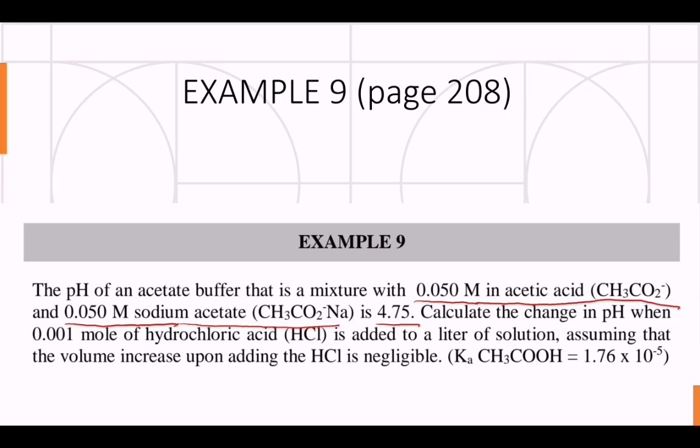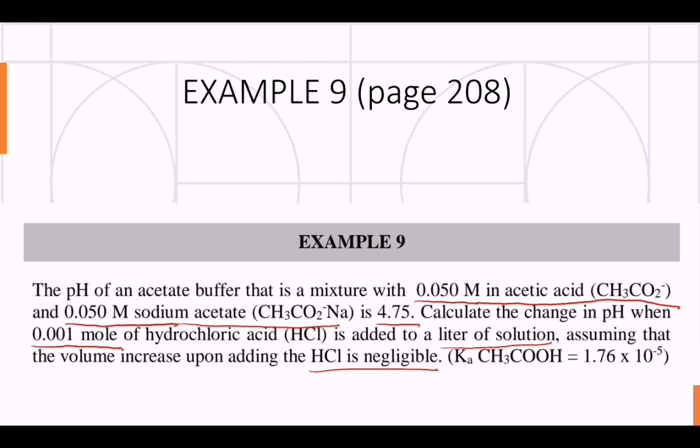Calculate the pH when 0.001 mol of HCl is added to a liter of solution, assuming that the volume increase upon adding HCl is negligible. So we assume that there is no volume change after we add H+ into the buffer solution.